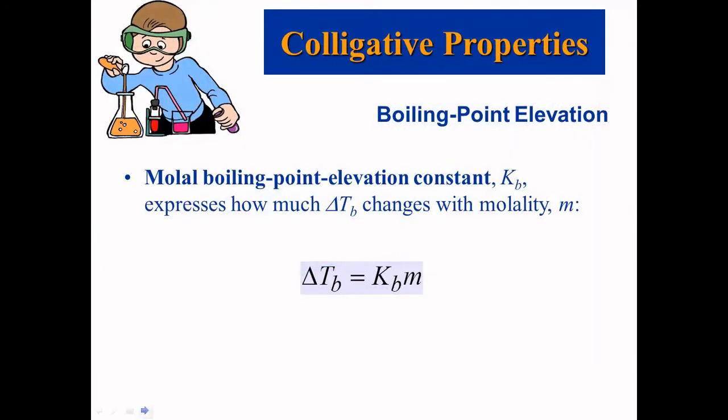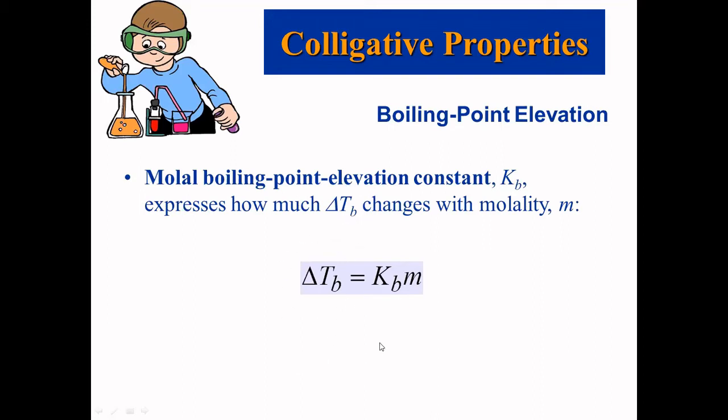Now, how do we account for the elevation in the boiling point? Or we call that the molal boiling point elevation. This is the molal boiling point elevation. So, but this one is the constant. This is a property of your material, and this has a table where you can get this particular constant. So this particular formula allows you to quantify the increase in the boiling point.